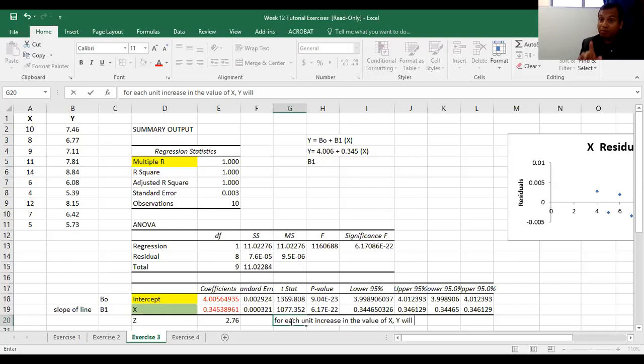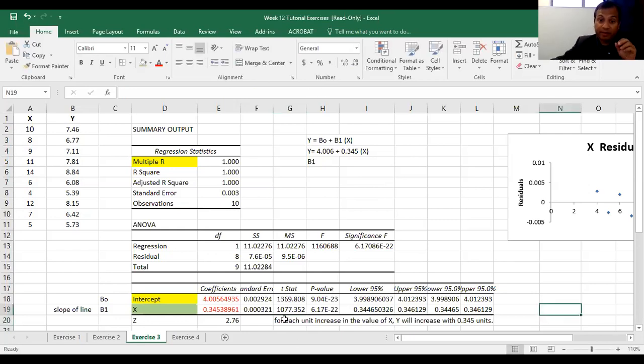The slope sign here is positive. That's why I'm writing y will increase, by how many units? 0.345 units. This will be the interpretation in the current case.